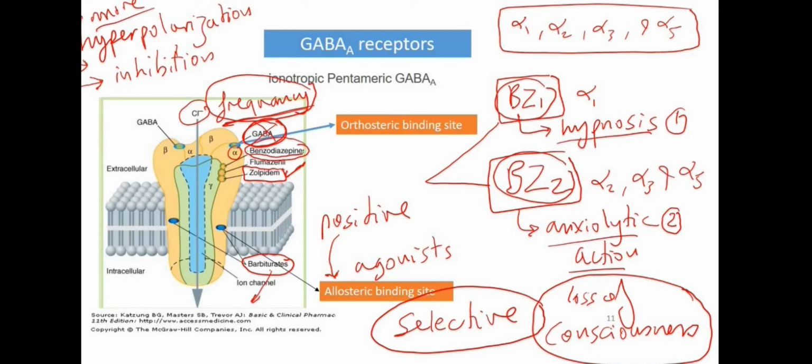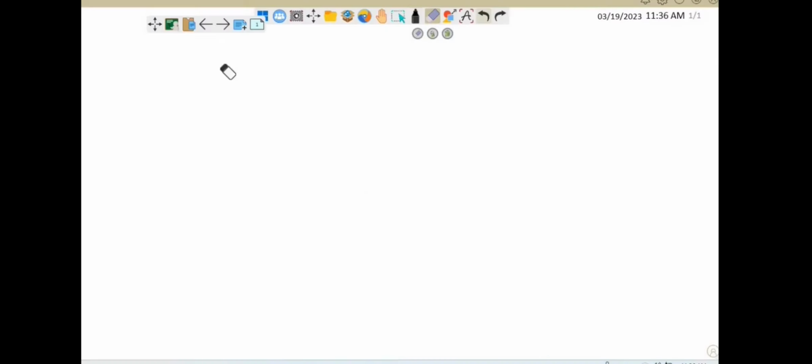So what are the actions produced by the benzodiazepines? We said that they produce their action through the GABA-A receptor by acting as positive allosteric agonists at the benzodiazepine receptors.